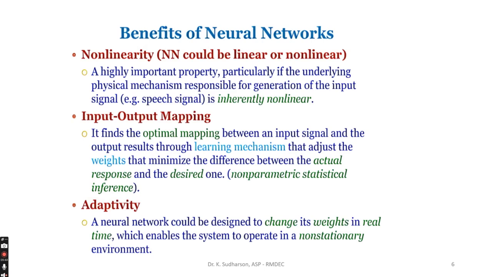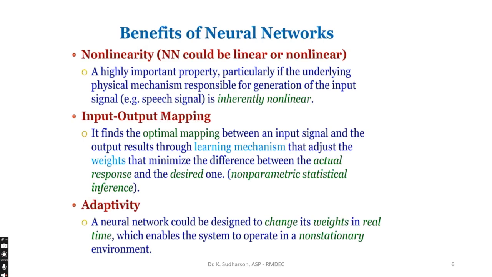Input output mapping, as already said, the hidden neurons learn the features from the input layer, and map the input features, apply some mathematical operation, and convert into the output. Then it maps the output to the output layer. So this input output mapping gives the exact and accurate solution.